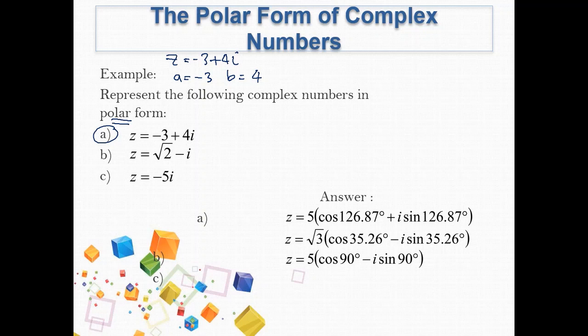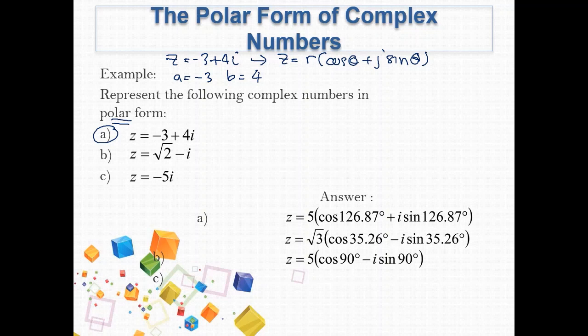And we have proved just now that a complex number in standard form can be expressed in polar form by using the formula z equal to r cos theta plus j sine theta. So this is what we need to fill in. We need the r, we need the theta.